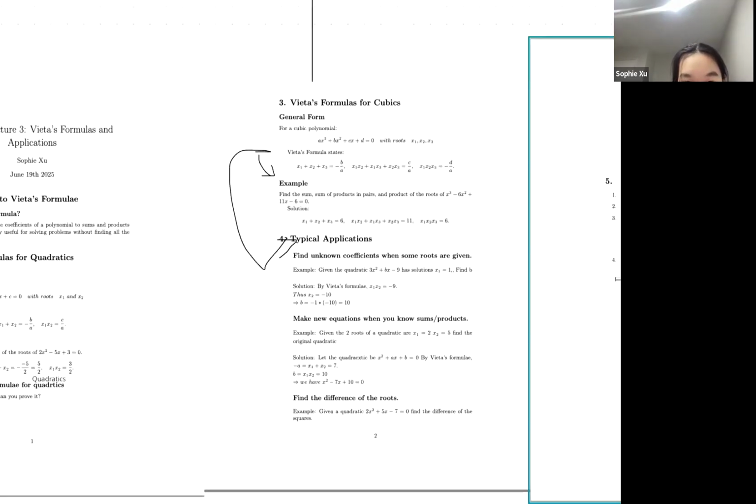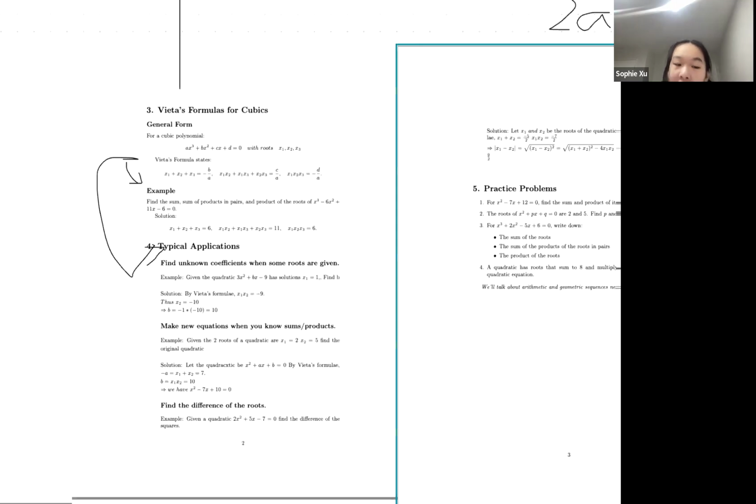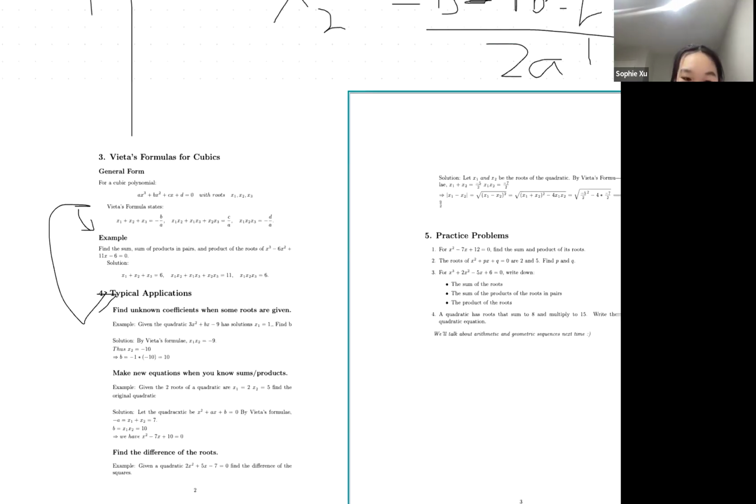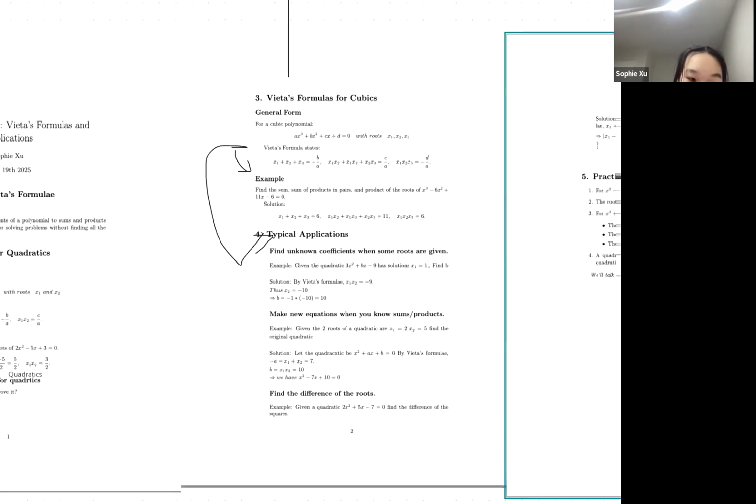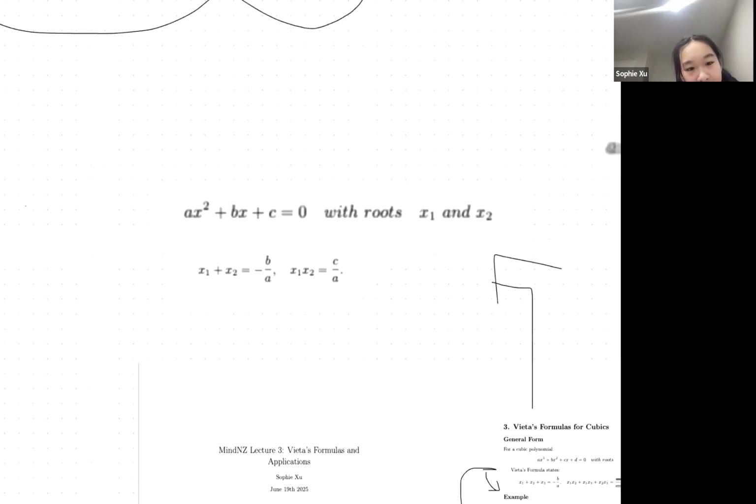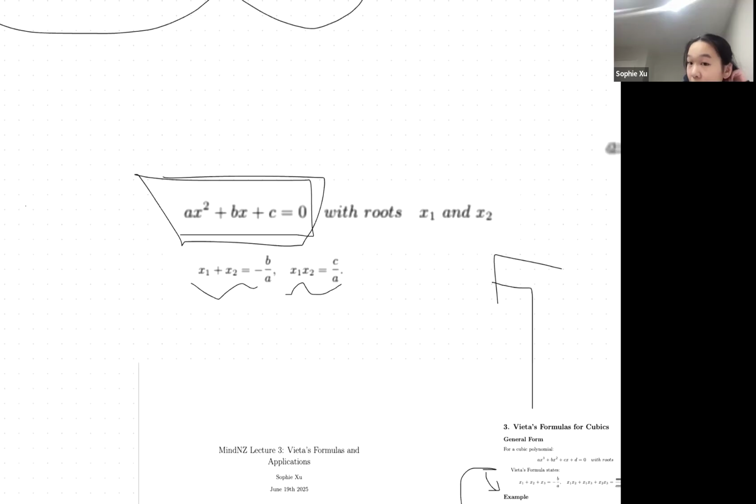Okay. So I guess the hardest one is finding the difference of the roots, right? If you're given a quadratic, then you basically know the sum of the roots and the product of the roots, right? But you're not given the difference of the roots.